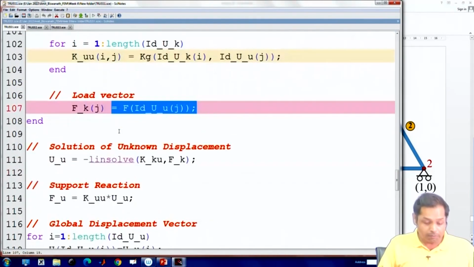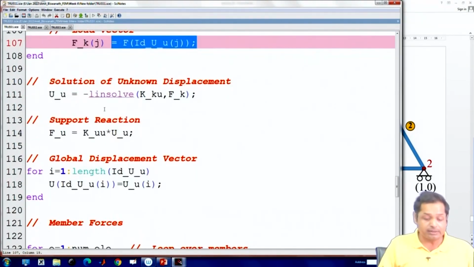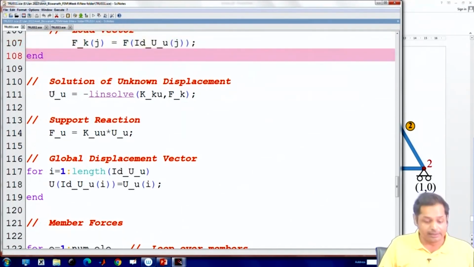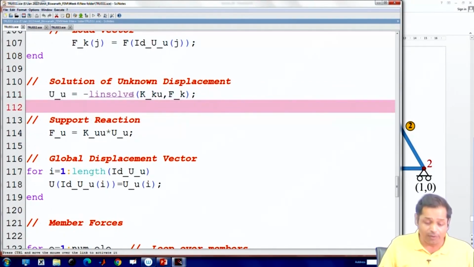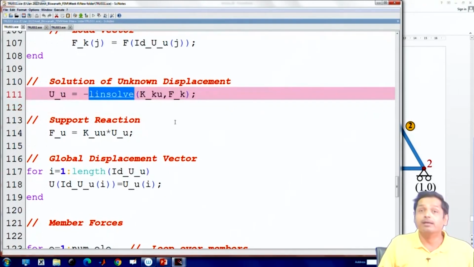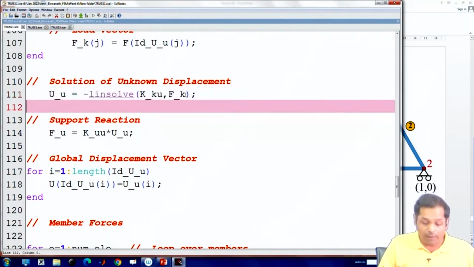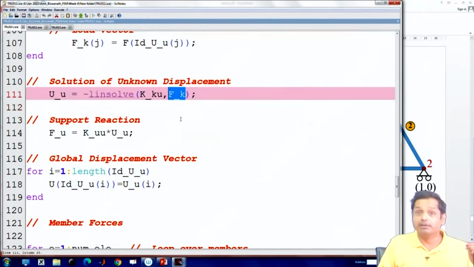So now is the solution. Once we have this, we have a linear system of equations, which is solved for the unknown displacement. U is the unknown displacement, and linsolve is the command for solving a linear system of equations, where Fk is the known force vector and Ku is the portion of the global stiffness matrix associated with the unknown displacement.